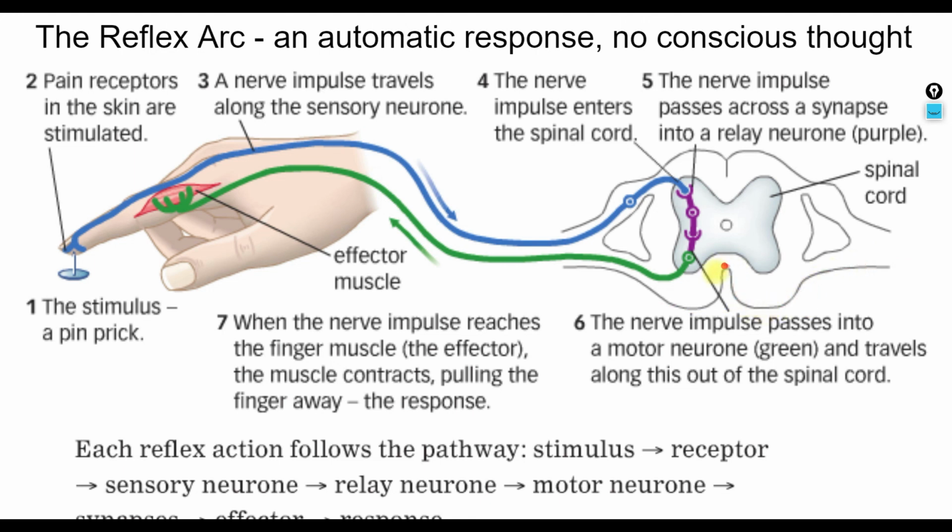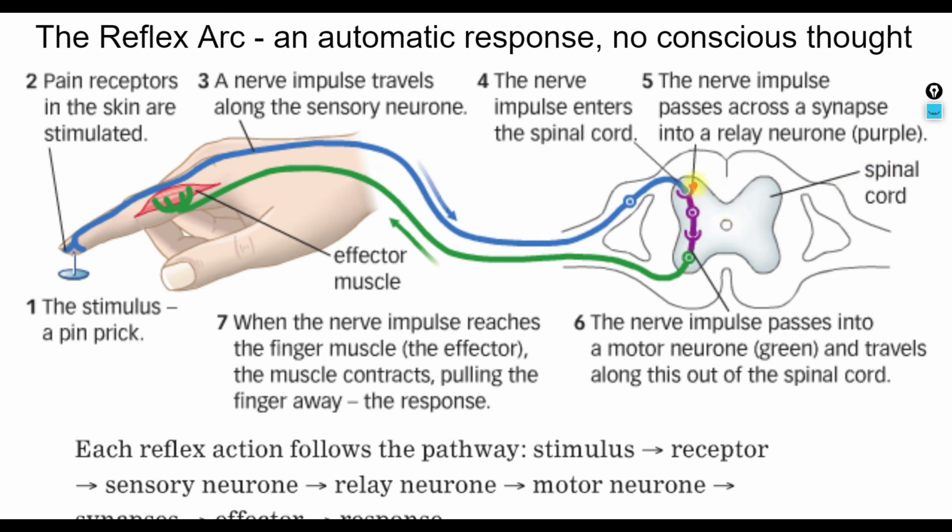These lines represent the bones of the backbone, and this slightly grey shaded area is the spinal cord, just like it's been sliced across. So the impulse down the sensory neuron carries the message to the spinal cord, to the central nervous system.